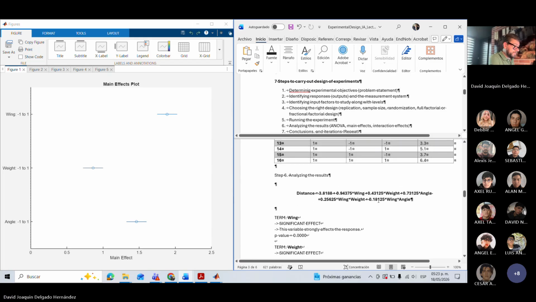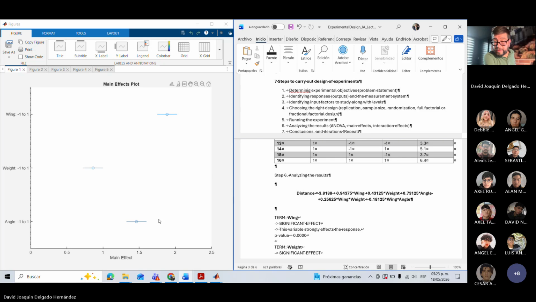Look, the meaning of this figure is that you can see that the greatest effect on the flight distance is related to the wing. The wing has the biggest effect. Look, if I put my mouse here, you can see the values, okay?